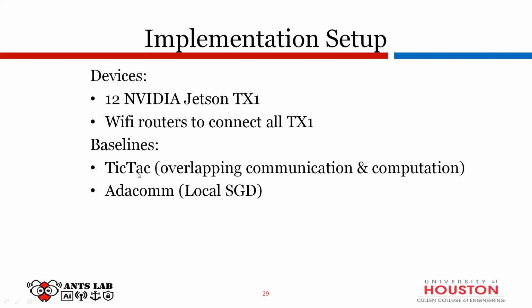Even if I follow computing plus communication, I can still do better than communication and computing overlapping. You know what I mean? So that's the reason. I know Tic-Tac is probably the most time-efficient distributed learning design right now.